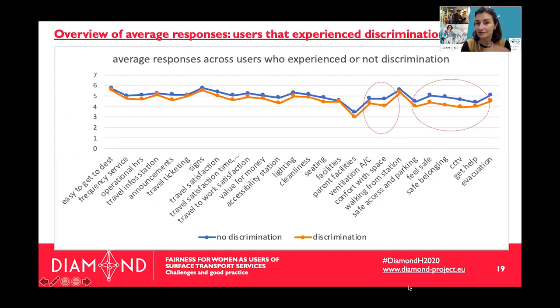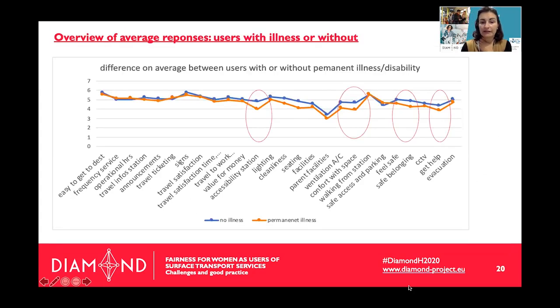As you can see, this is the curve across all the categories. The blue curve is people who did not experience discrimination, and the orange one is people who experienced discrimination. As I said, there are a number of categories, especially related to safety and security, where a significantly lower level of satisfaction is reported.